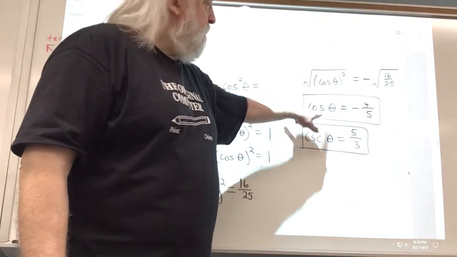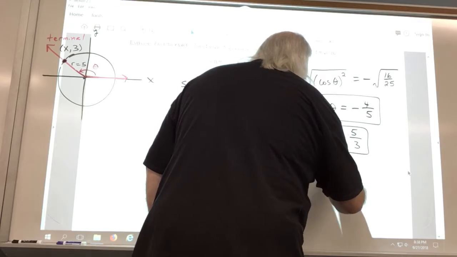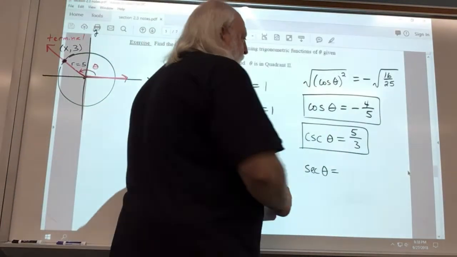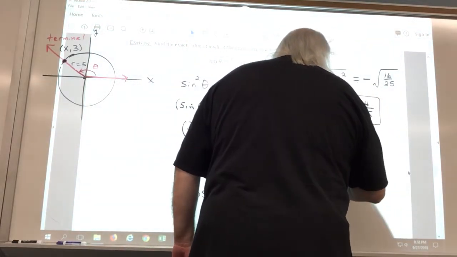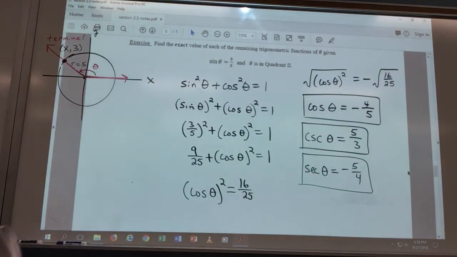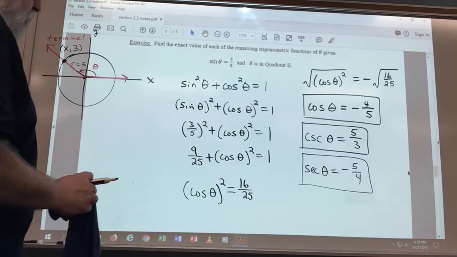Secant is the reciprocal of cosine, and the reciprocal of minus 4/5 is minus 5/4. So just as in the previous example, we immediately know that the secant theta is equal to minus 5/4.